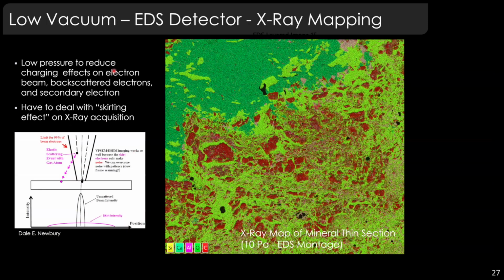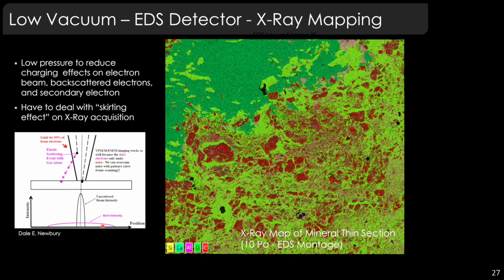But we can also do EDS in low vacuum. This can help us if we need to reduce charging effects on the electron beam and also the backscattered and secondary electrons that we're using for imaging. We do have the skirting effect to deal with, which happens when you have an atmosphere: the electrons tend to spread out a little bit more over the surface of the sample rather than being at the point or interaction volume where you are.